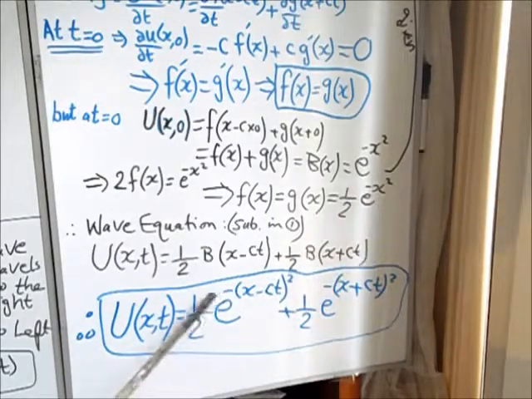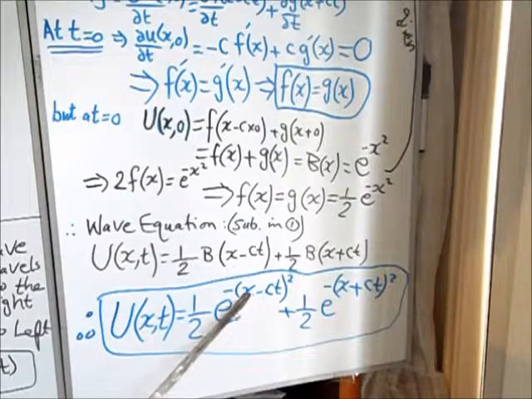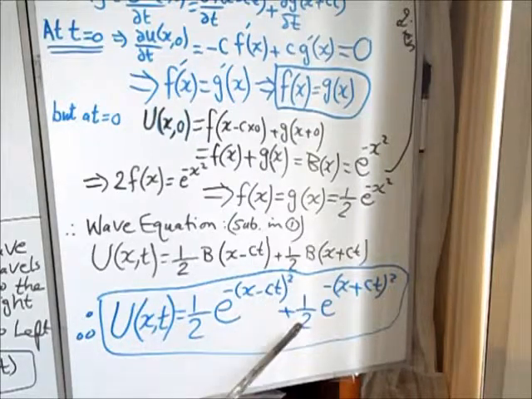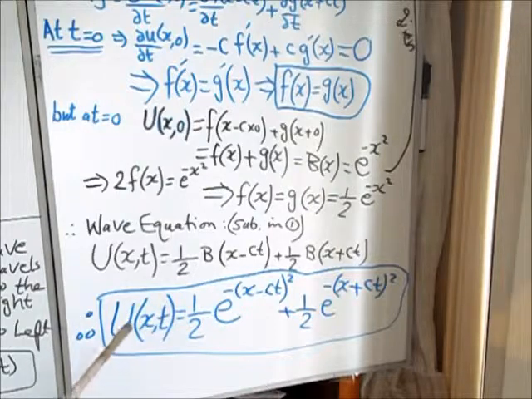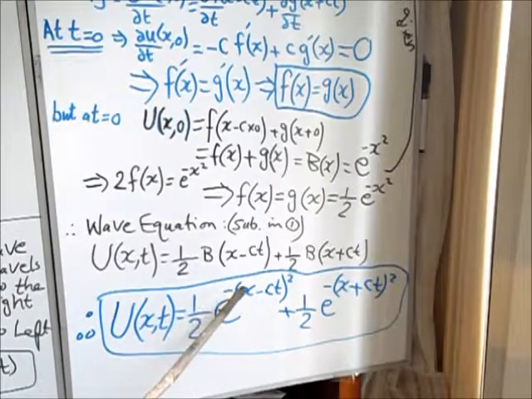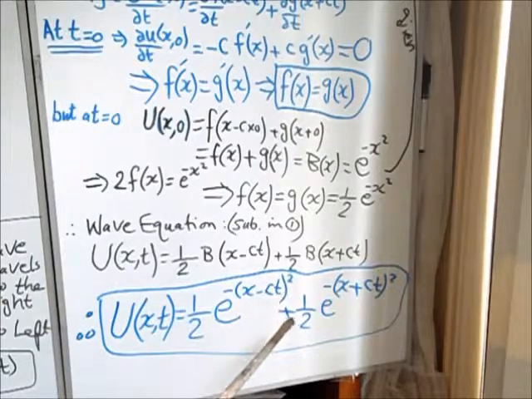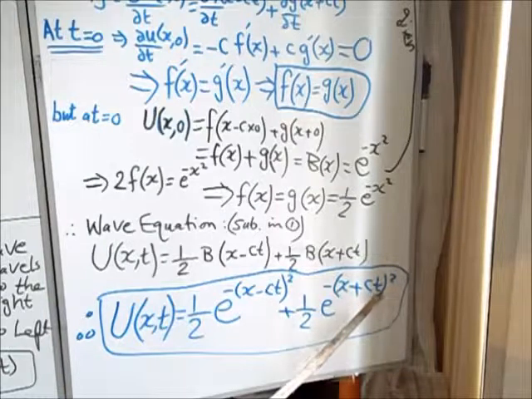Replace x here with x minus ct squared plus again here x plus ct squared. So the general equation of this 1D wave function is given by u(x,t) equals half e minus (x minus ct) squared plus half e minus (x plus ct) squared.